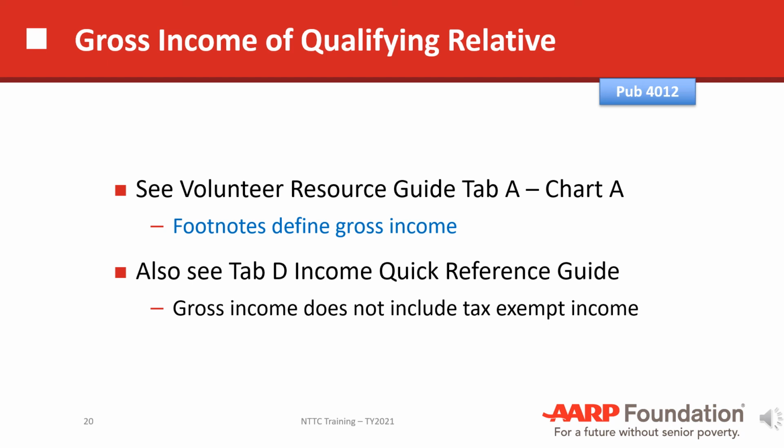So you can see a quick reference guide to gross income there on tab D as well. So I point you to both of those resources to determine whether the potential individual has more or less than $4,300 for 2021 or $4,500 in 2022.